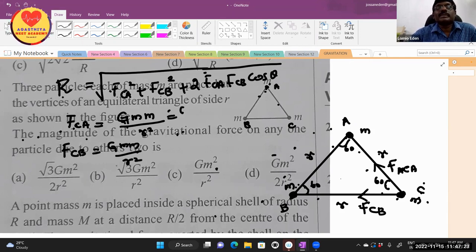Both are equal: G m squared divided by r squared.